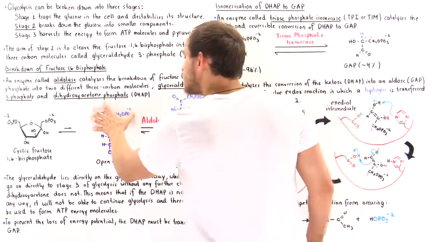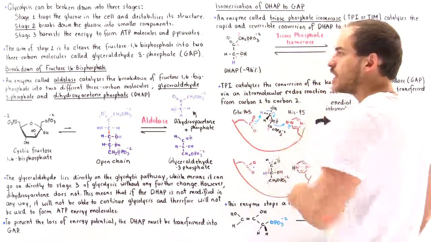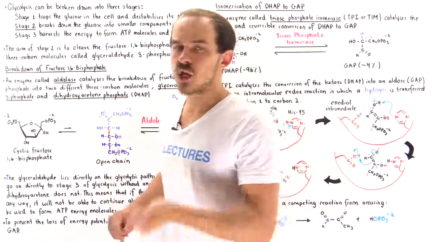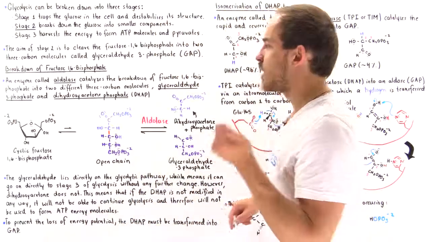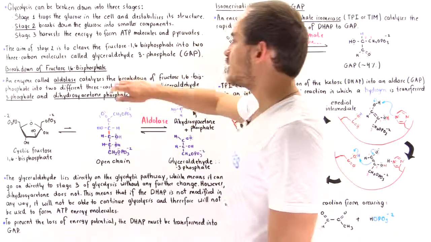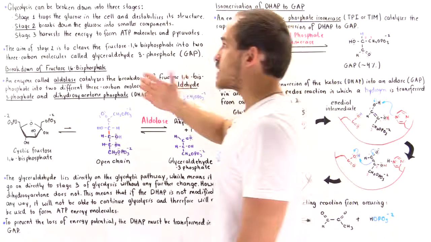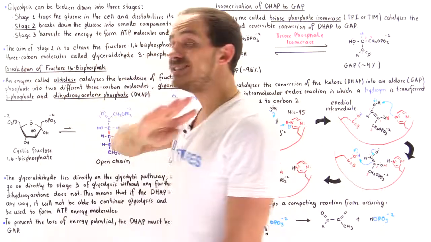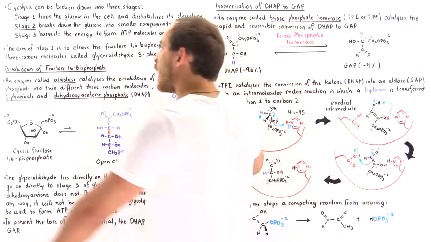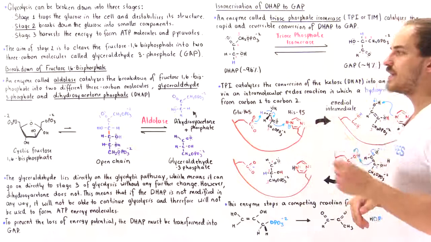But the blue section here is what eventually becomes the other different 3-carbon molecule known as dihydroxyacetone phosphate, or simply DHAP. So an enzyme called aldolase catalyzes the breakdown of fructose 1,6-bisphosphate that is produced in stage 1 into 2 different 3-carbon molecules, glyceraldehyde 3-phosphate and dihydroxyacetone phosphate, DHAP.